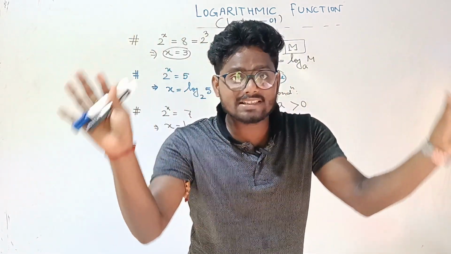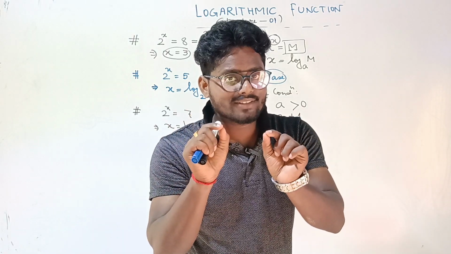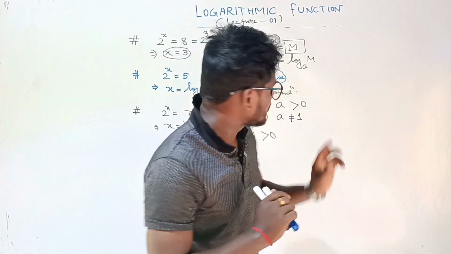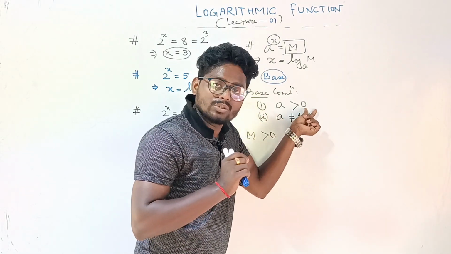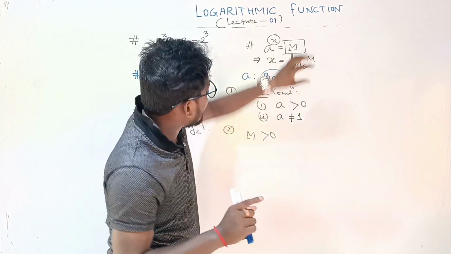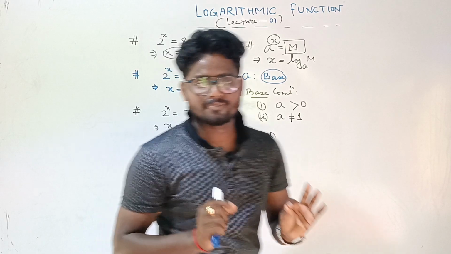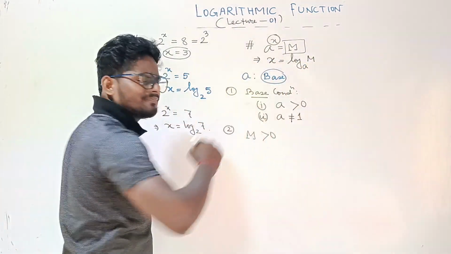In the real number system we are talking. So what I said? Three conditions you must remember: two conditions on base, that is a greater than 0 and a not equal to 1, and the number must be positive.